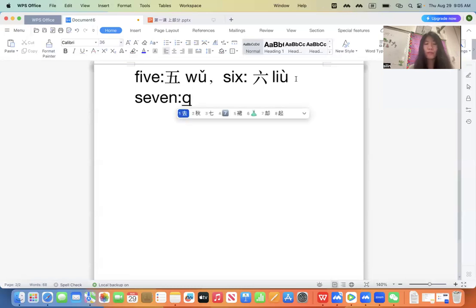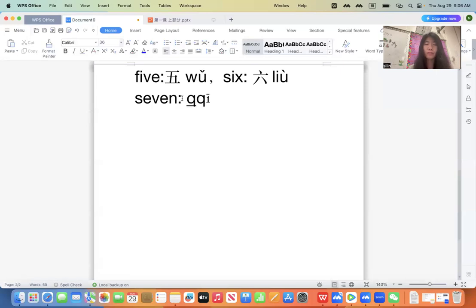This one, the letter Q is q, and the I is i. So qi. Listen, which tone is that? Qi, the first tone, yes.